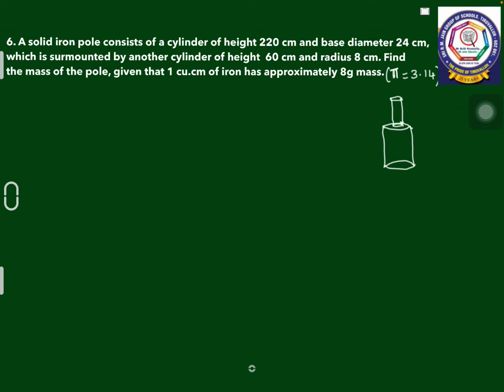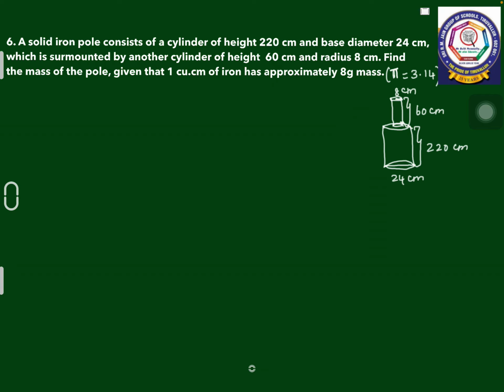The cylinder has height 220 centimeter and base diameter 24 centimeter. It is surmounted by another cylinder of height 60 centimeter and radius 8 centimeter. You have to find the mass of the pole, given that 1 cubic centimeter of iron has approximately 8 gram mass. So to find the mass of the pole, you need to find the volume of the pole.